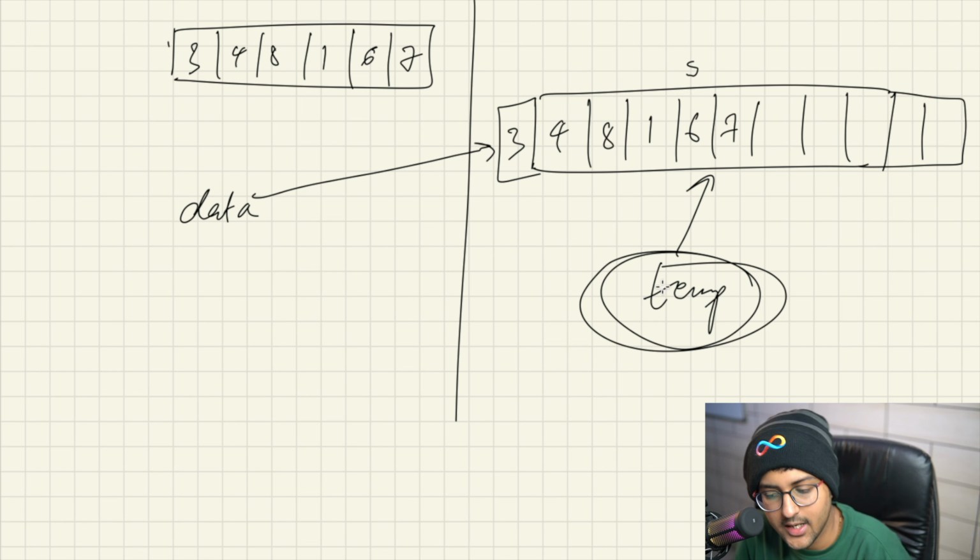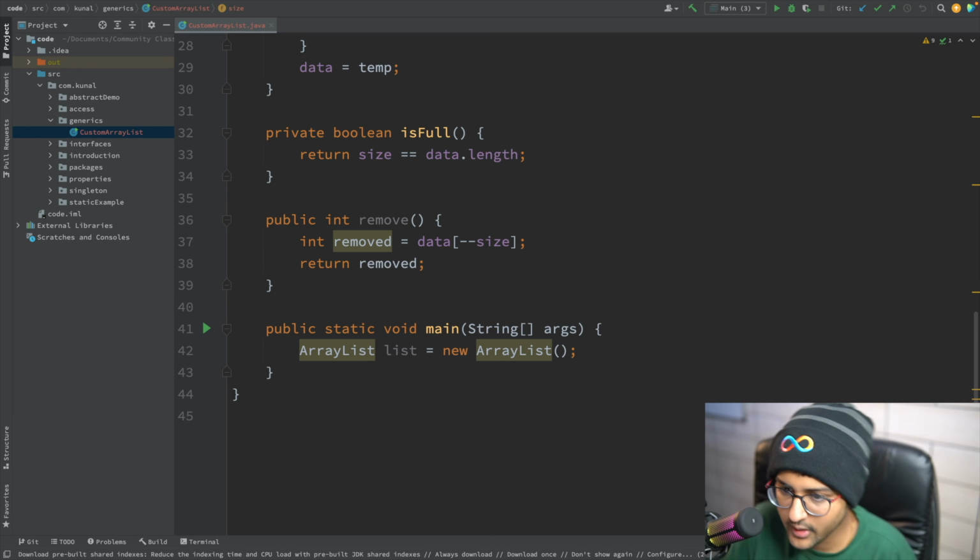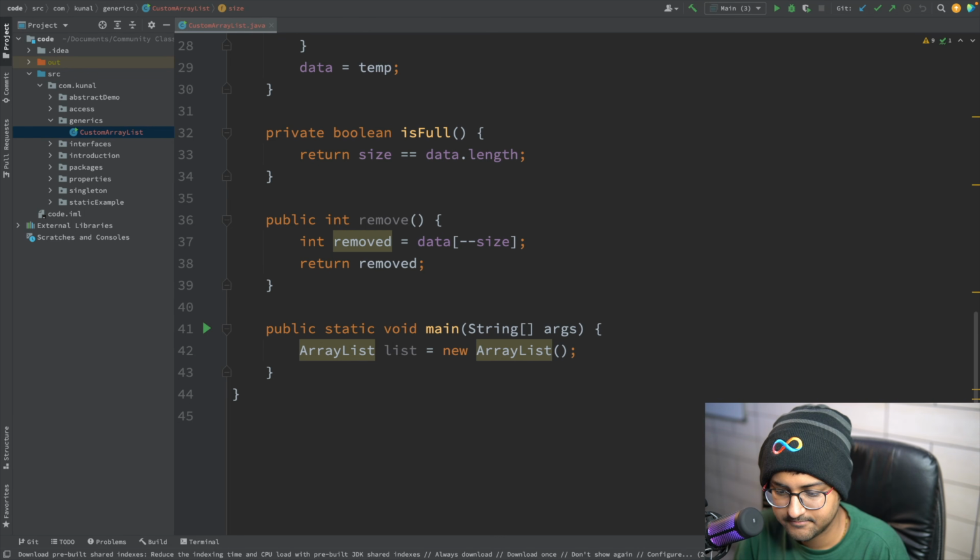Then when you try to add a new item, it will overwrite this, it will replace this. When you try to print something, it will only go from 0 till size, even though 7 will be here, but it will not really print that. It will override it whenever you try to add new items in it. Okay, so that's about it.